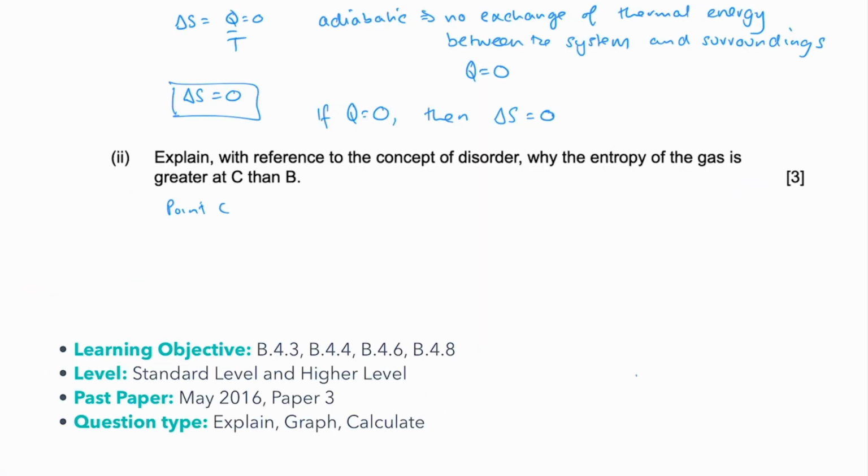Point C has greater temperature and pressure than point B at the same volume.